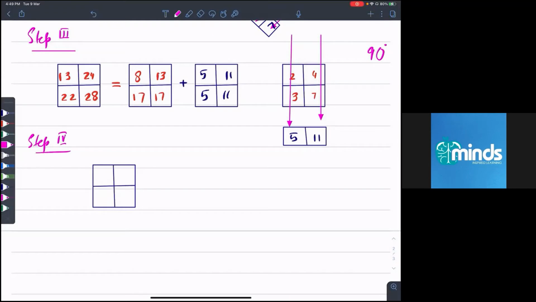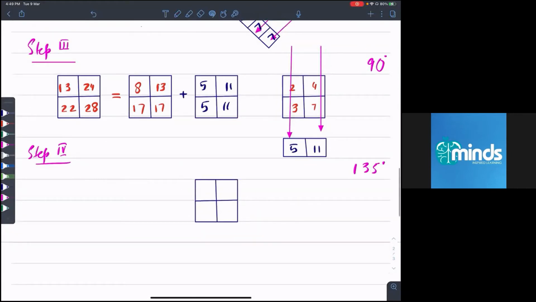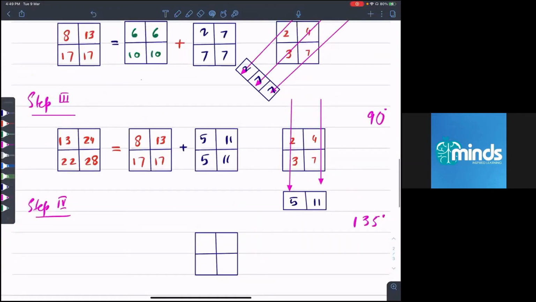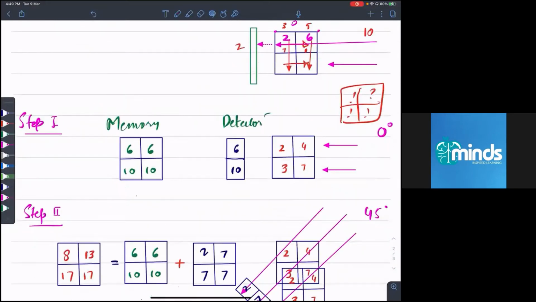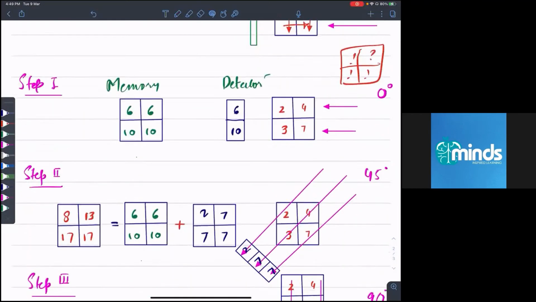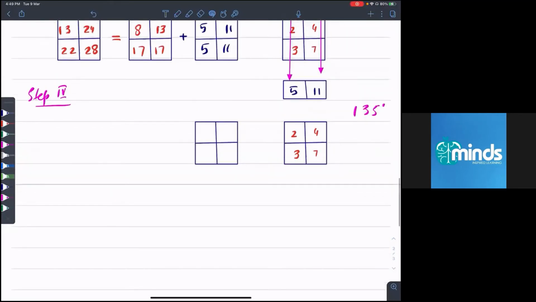where we will talk about angle of 135. So for 135, we will take the original array, which was this one. And in this case, we reached till 90.